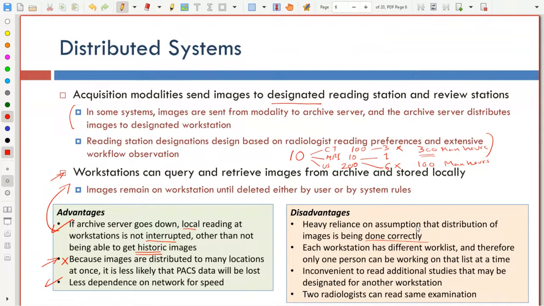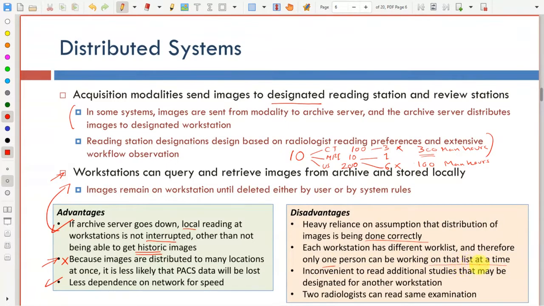So two people might actually be working on the same data at the same time. Each workstation has a different work list, not a central work list. And therefore only one person can be working on that list at one time.